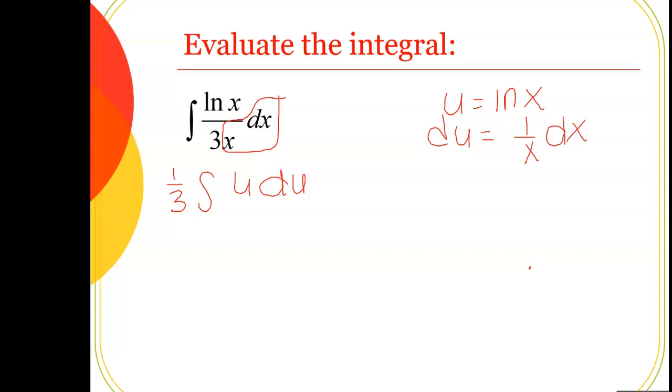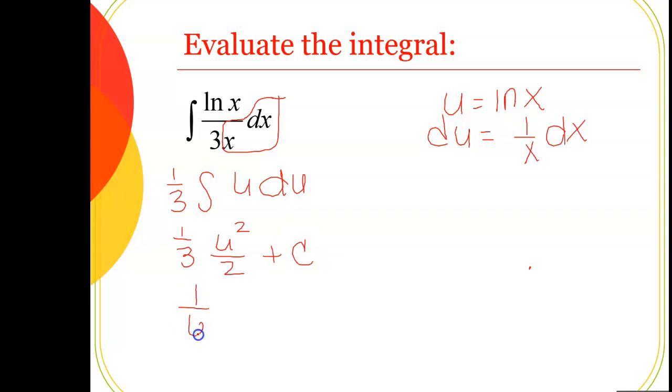Now, what's an antiderivative of u? Well, it's our most basic rule. The antiderivative of u is u squared over 2: add 1, divide by your new exponent. No bounds again, so plus c.